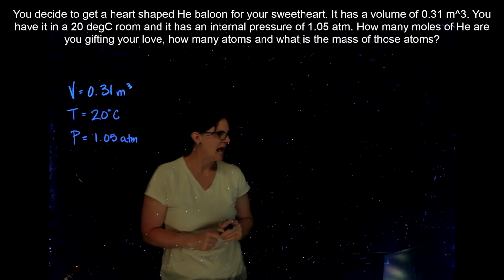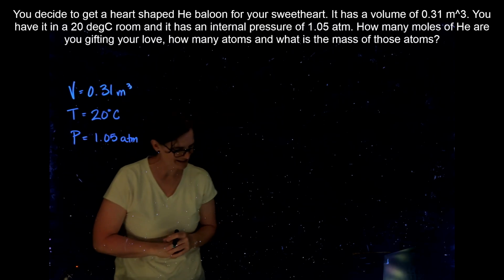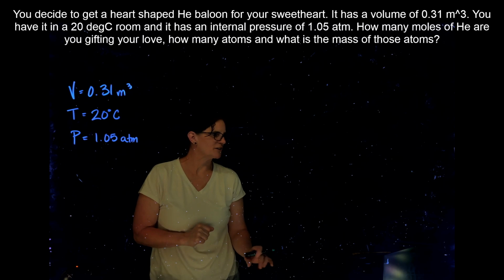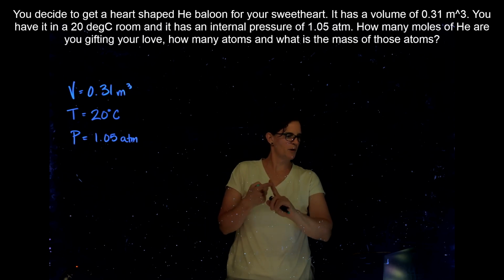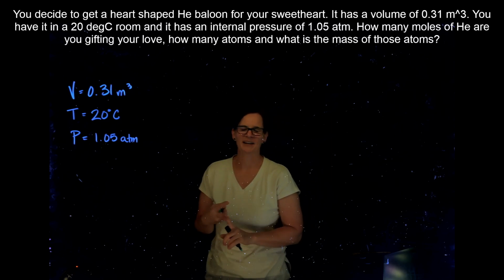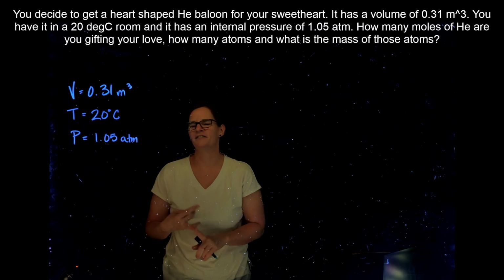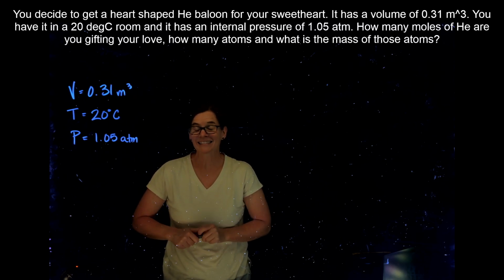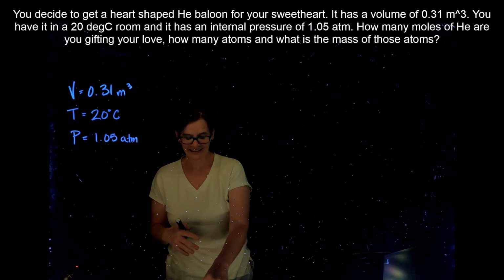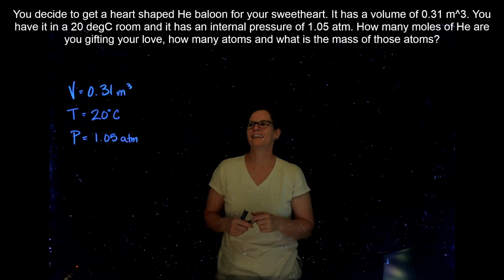So a little emphasis on the hints that we have to pay attention to. And we are curious, of course, about the number of moles, the number of atoms, and the mass of the helium.